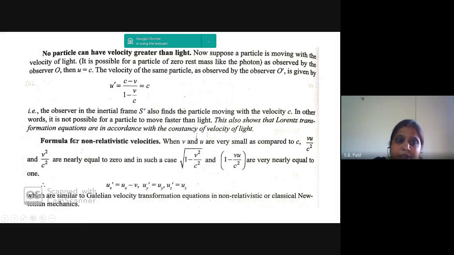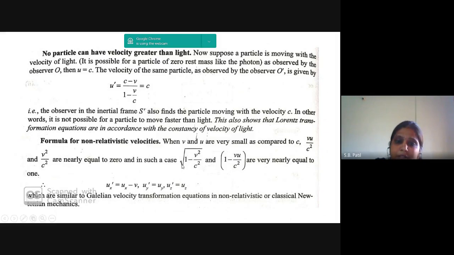Then we have to see the formula for the non-relativistic velocity. That means when v and u are very small compared to the velocity of light, we can write that vu/c² and v²/c² are nearly equal to 0.